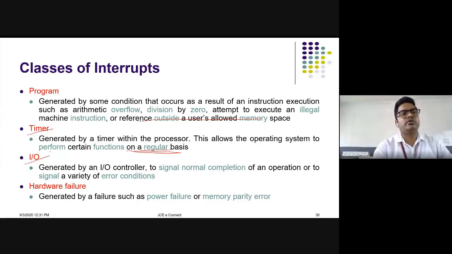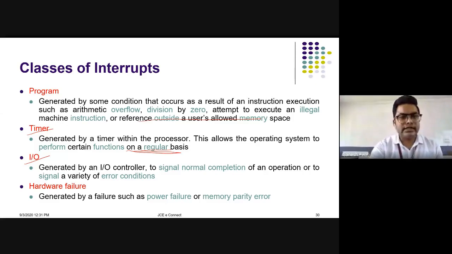Next are the IO interrupts, generated by the input output controllers to signal normal completion of an operation or to signal a variety of error conditions. If you connect a pen drive, for example, and it has any problem, it will pop up; if the installation is done properly, it will pop up that it is okay and ready to use.